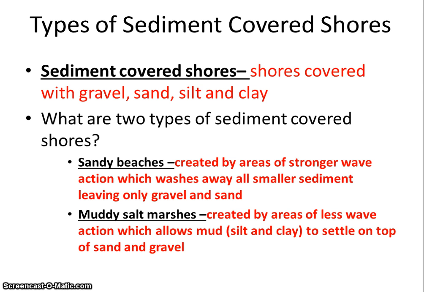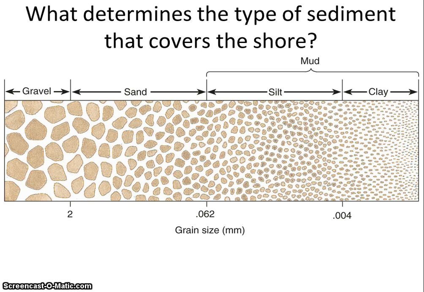Let's figure out why. If you take a look at the difference between sand and mud, what you'll notice is that gravel and sand are larger. And as a result, in an area with more wave energy, the smaller silt, clay, and mud particles get washed away, and what you're left with is only sand. As a result, sandy beaches are in areas with lots of wave energy.